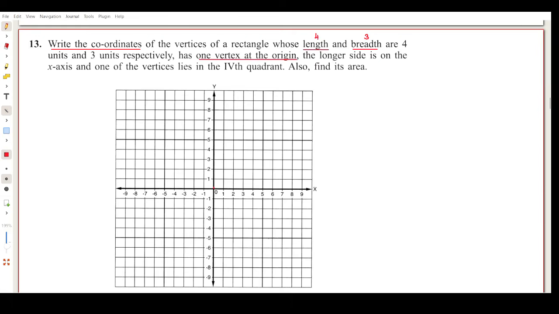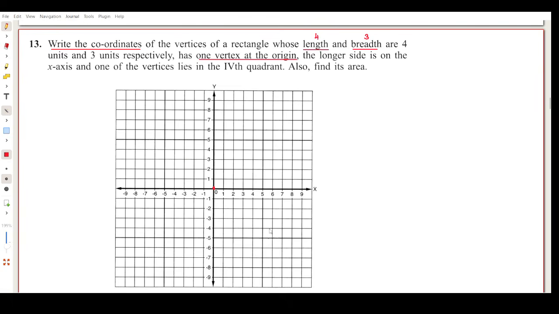That means one vertex should be the origin. The longer side is on the x-axis, so the 4 units should be on the x-axis. And one of the vertices lies in the fourth quadrant.